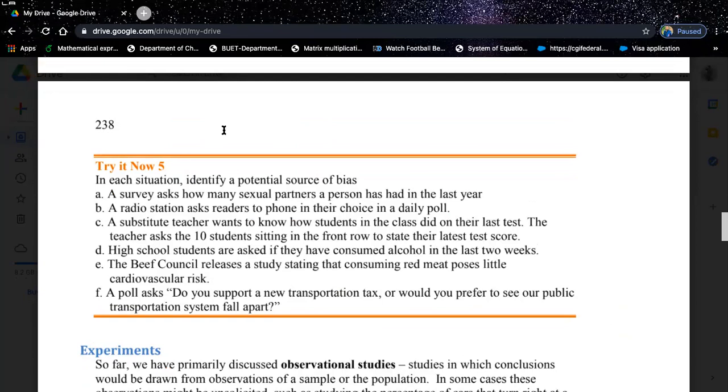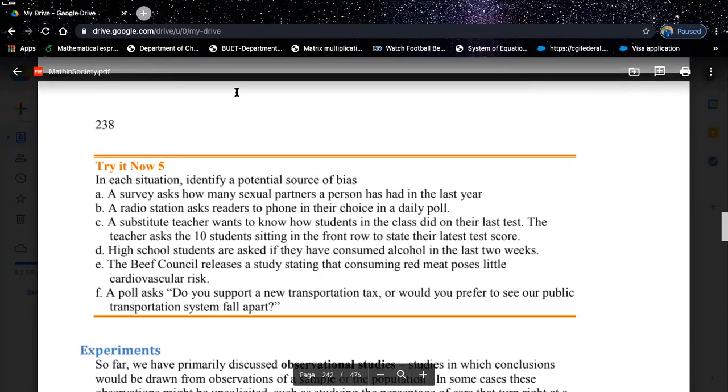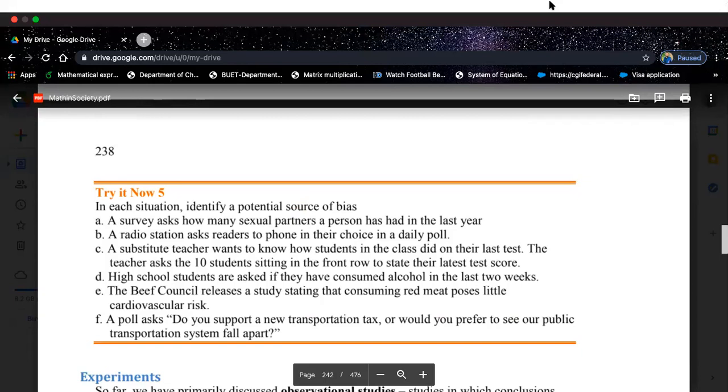Let's see how many of these we can solve, and the rest will be a part of your pre-class assignment. Okay, so the first one: a survey asks how many sexual partners a person has had in the last year. So what type of biasness could there be? Just try to imagine.